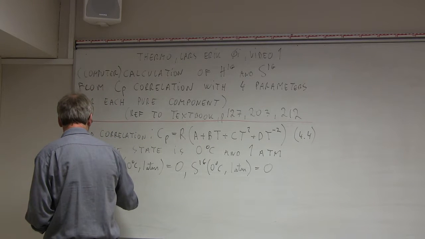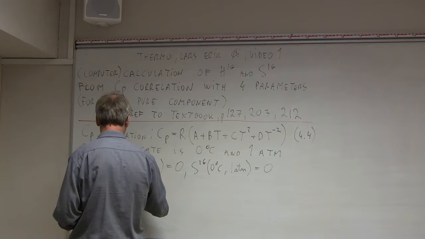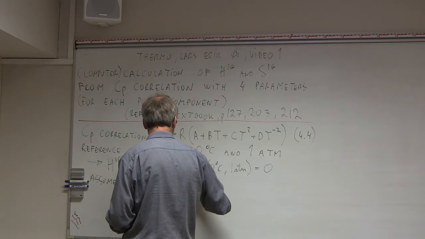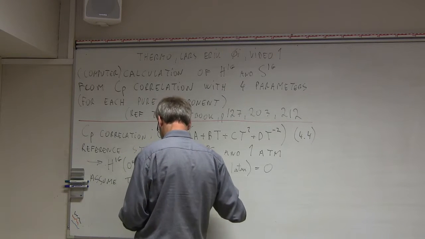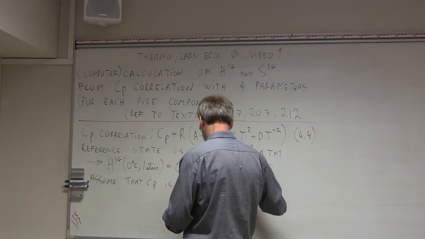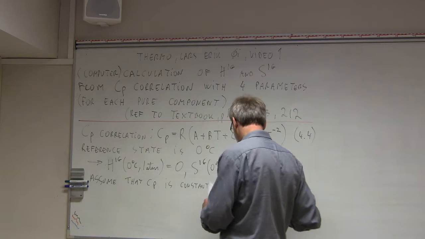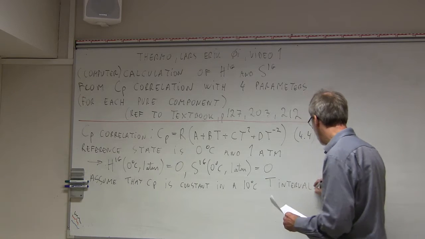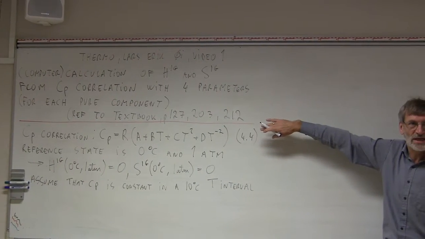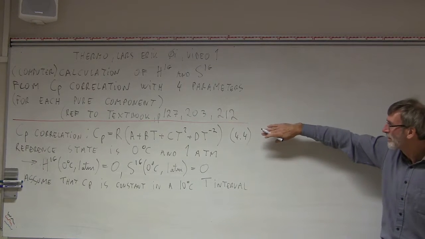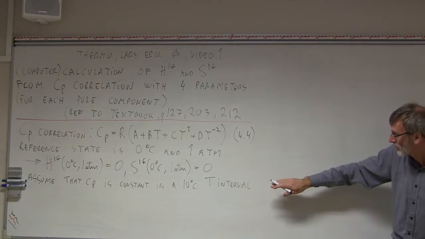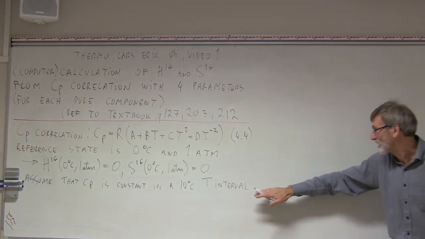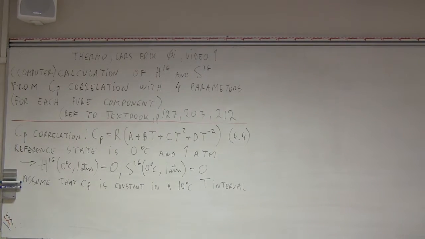And then we assume that CP is constant in a 10 degrees temperature interval. From the correlation we see that CP is temperature dependent, but if we change the temperature by 10 degrees, then we can say that CP is approximately constant.